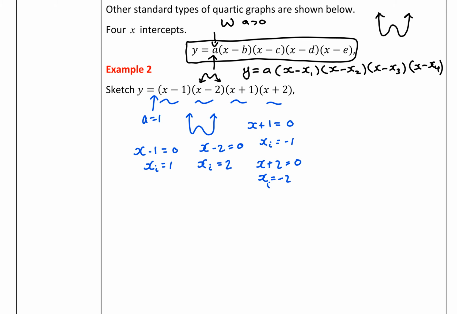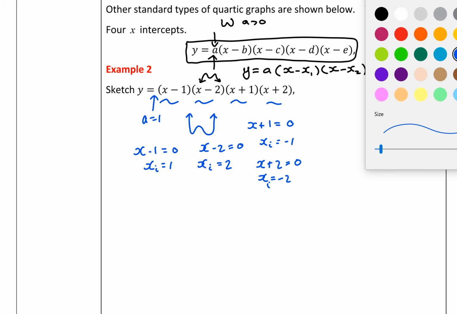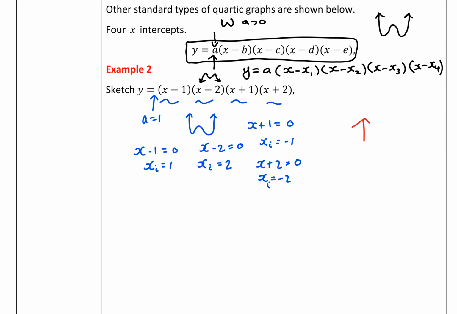So I've got an x-intercept at -1, -2, +1, and +2. So we'll quickly draw up some axes. Pretend I'm drawing a straight line there and there. We've got x, we've got y, and we know that we should have -2, -1, +1, and +2.